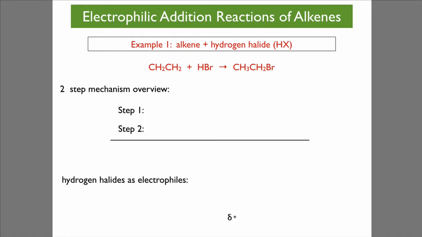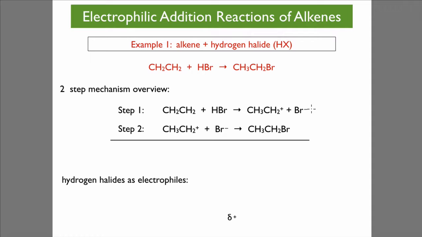Let's look at this example, an alkene with a hydrogen halide. Two-step mechanism overview. First step, the hydrogen bromide cleaves and the hydrogen forms the positive complex. It adds to the ethene, leaving a bromide ion.